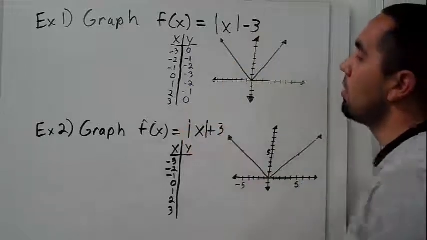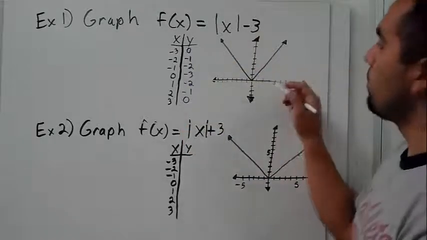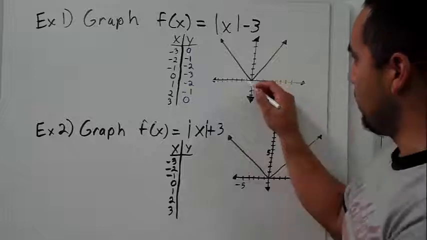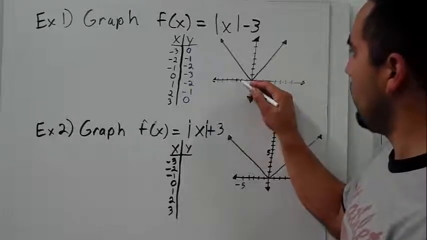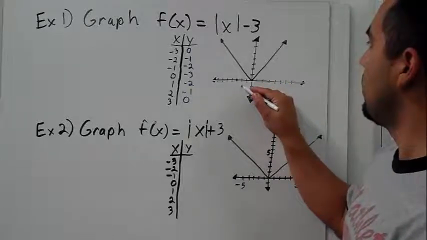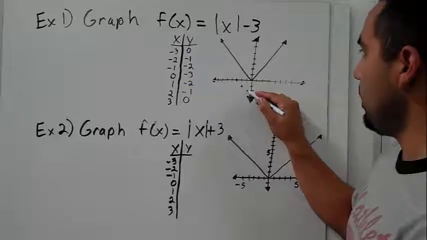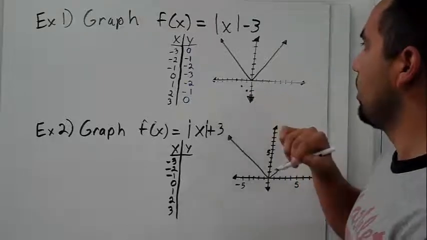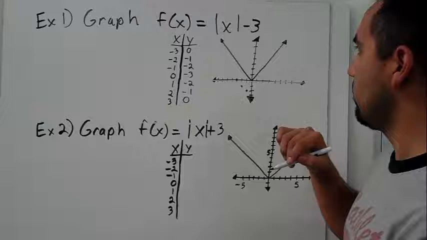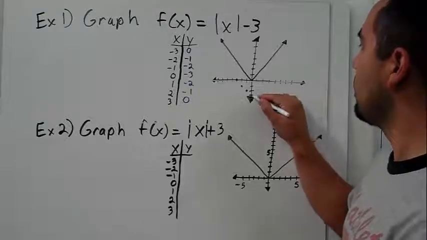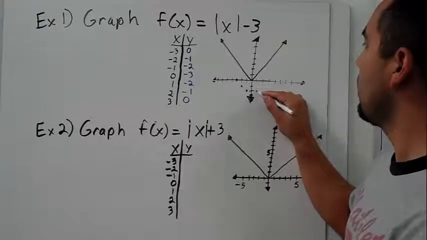So if we plot these points: -3, 0, I have there. -2, -1, I have there. -1, -2, and 0, -3.